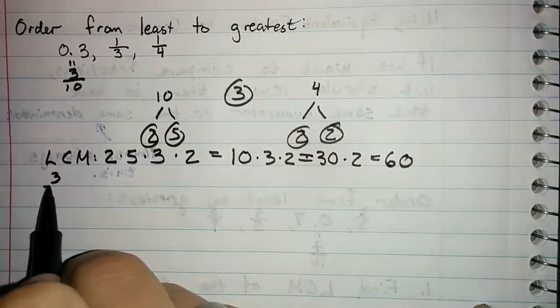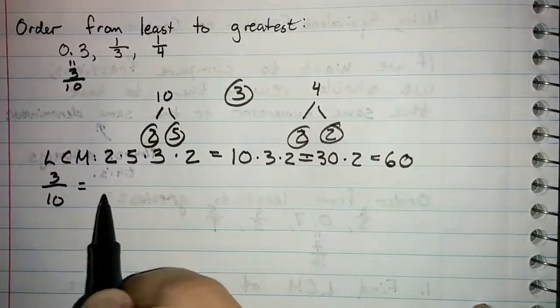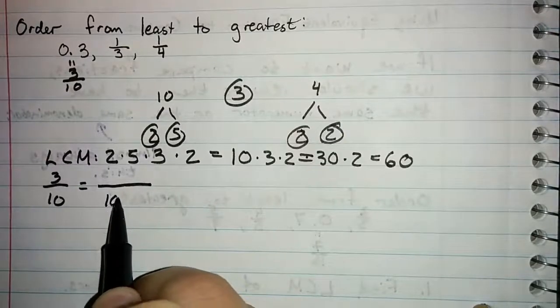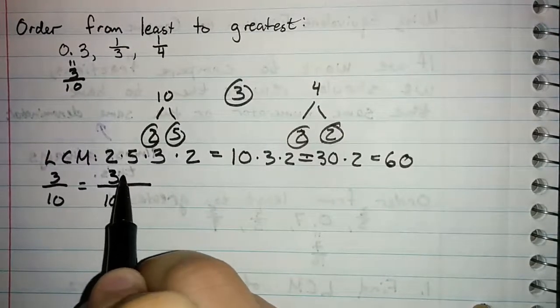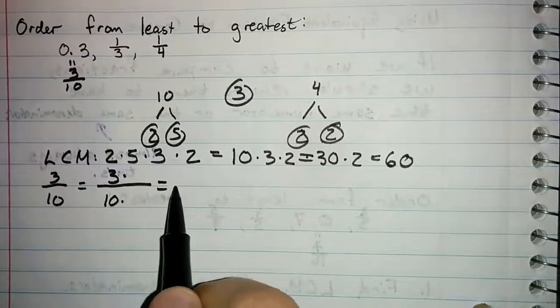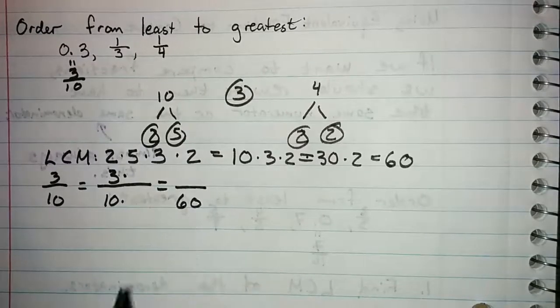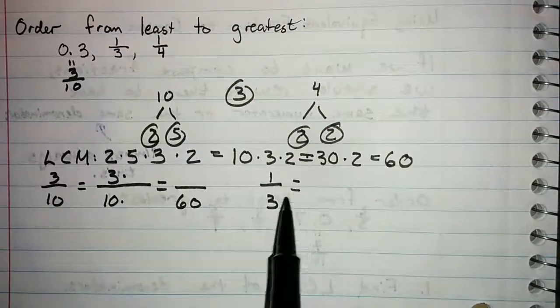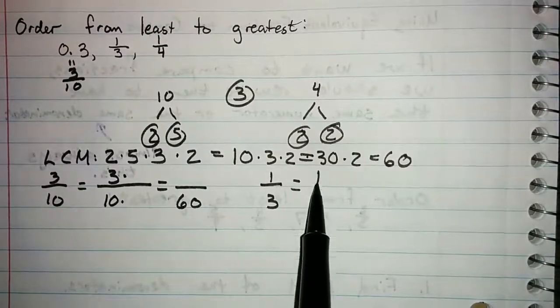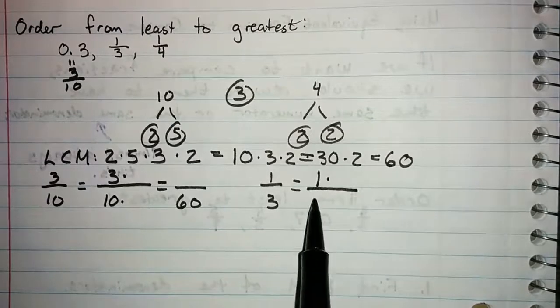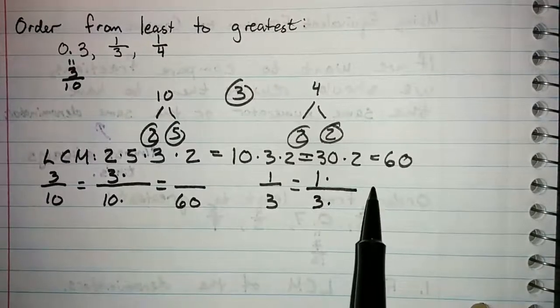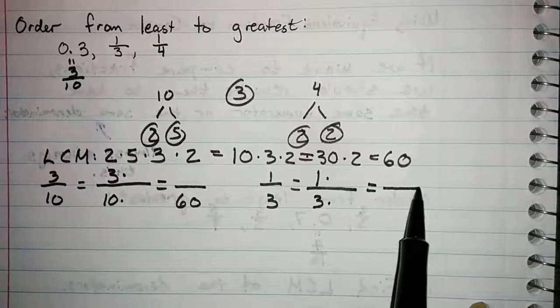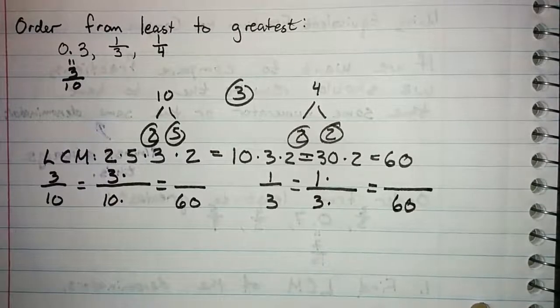So I'll write 3/10 will be 3 times something over 10 times something, some number of 60ths. 1/3, I'll have 1 times something over 3 times something will be some number of 60ths.